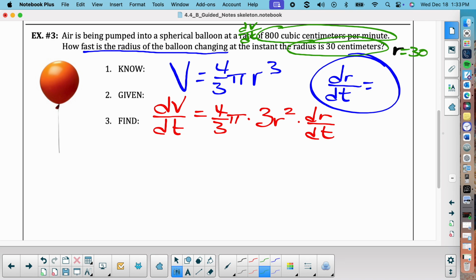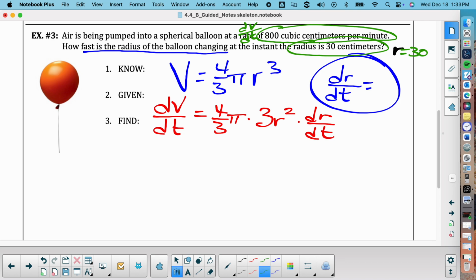Perfect. Now that's all we need for this one because there's not that many letters. We needed dV/dt, and we needed R. That one should be blank. And so you can rearrange the formula first or last, doesn't matter.